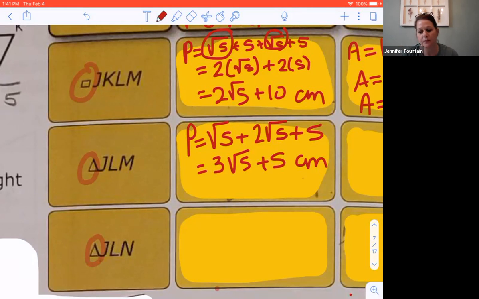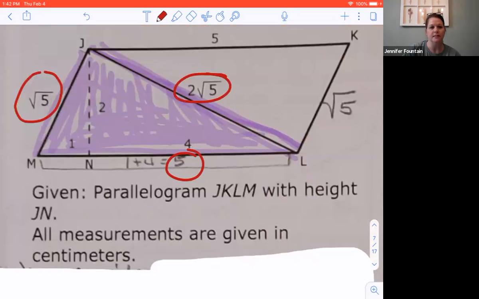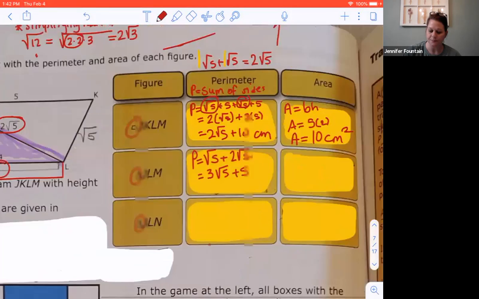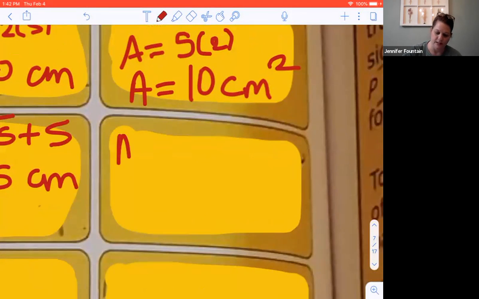Okay. Now let's look back, and we're looking at base times height. So we know our base is right down here. We said our height is going to be from the vertex to the base, and that is the number 2. So my area is equal to 1/2 base times height.